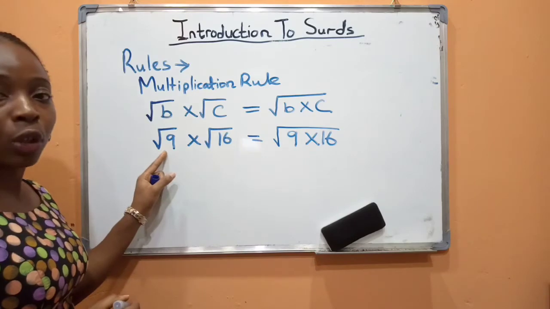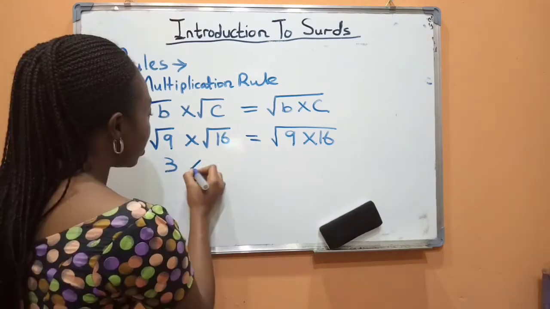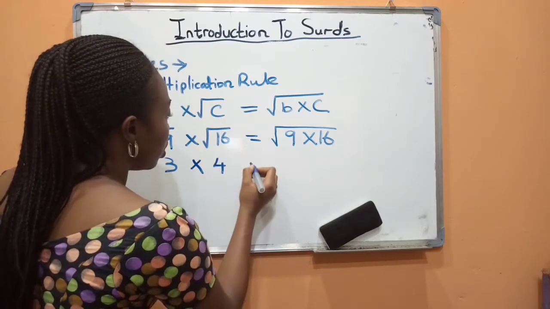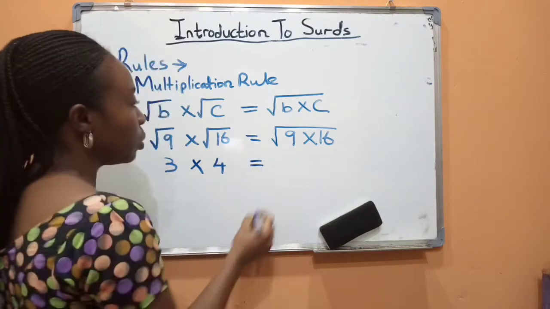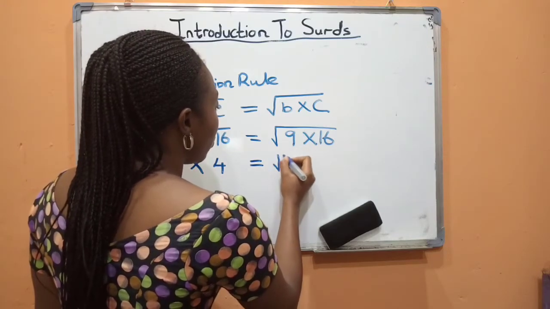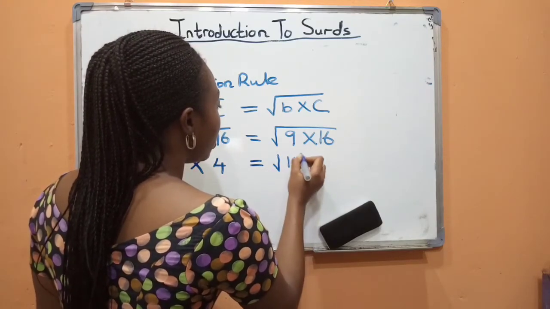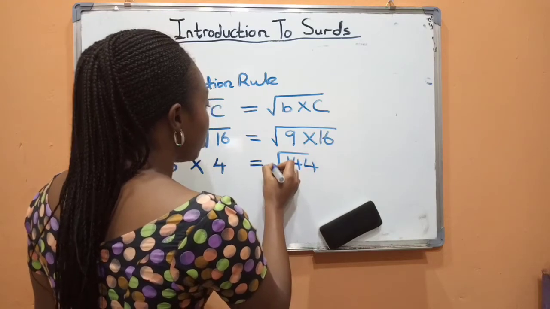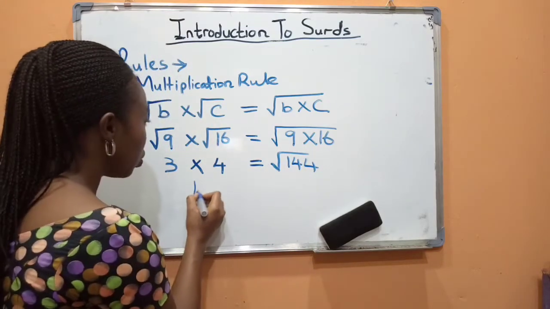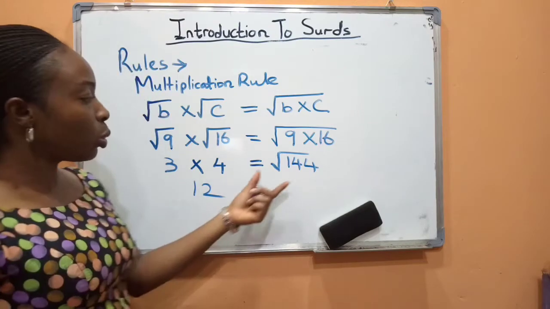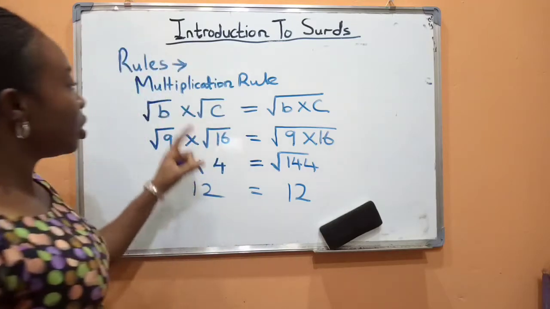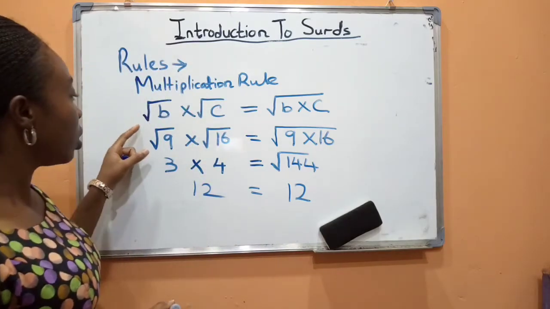The square root of 9 is 3, times the square root of 16 is 4. Then this is equal to root of 9 times 16, which gives us root 144. Then looking at this, 3 times 4 gives us 12. And we know that the square root of 144 is 12. So you can see that this rule is true and it works.